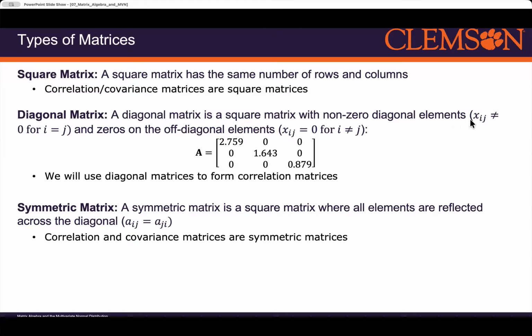If you want it mathematically, when i equals j, when the row equals the column, the x value or element is not equal to 0. And the zeros in the off-diagonal elements would be for i not equal to j, x equals 0. So when i equals j, you're down the diagonal. When i does not equal j, you're in the off diagonal, and that's where we can set the zeros and the ones.